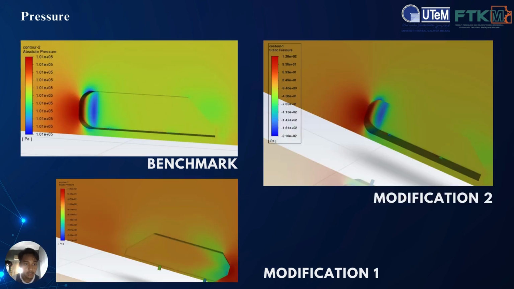Next, pressure. For the pressure result, first for the benchmark 1.01 exponent 5, then for modification 1 1.25 exponent 1, and lastly modification 2 1.25 exponent 2.